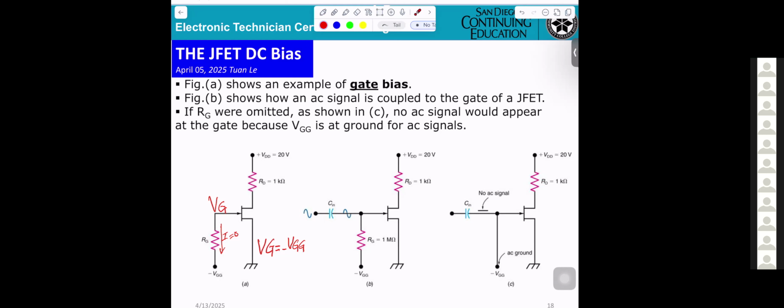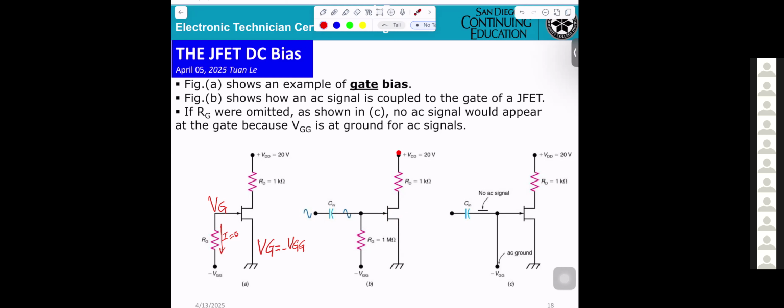Now, why do they need that? When you get an amplifier, this is an amplifier circuit, and the input applies a sine wave. You understand that this is a DC circuit. If you want to get an amplifier, then they're not using this for the signal; they're using the AC equivalent. That means any DC voltage on the circuitry will be ground.